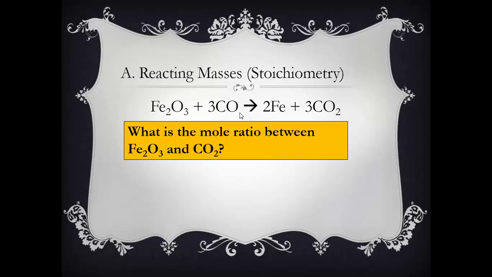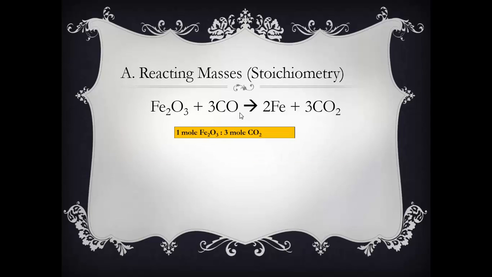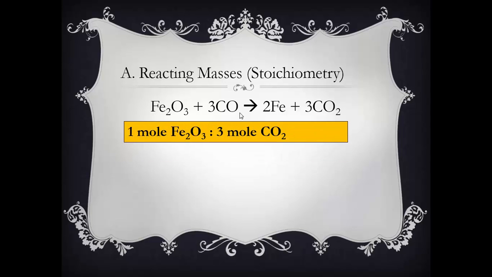What is the ratio of iron oxide and carbon dioxide? It is the same. It's 1:3. That means for every mole of iron oxide I will produce 3 moles of carbon dioxide. If I had 3 moles of iron oxide, I would have 9 moles of carbon dioxide. The ratios are the same.